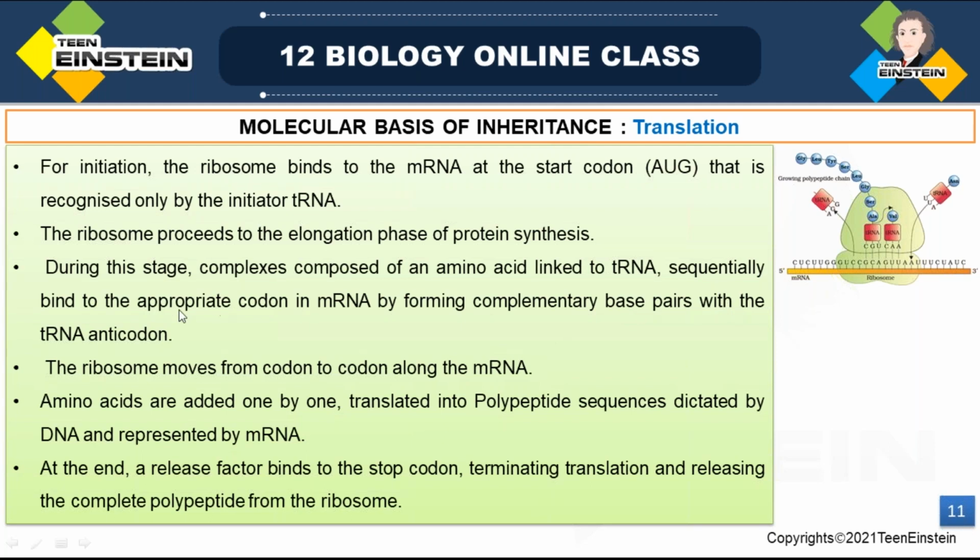Then it sequentially binds to the appropriate codon in the mRNA by forming a complementary base pair with the tRNA anticodon. Then the ribosome moves from codon to codon along the mRNA, and the amino acids are added one by one and translated to a polypeptide sequence.